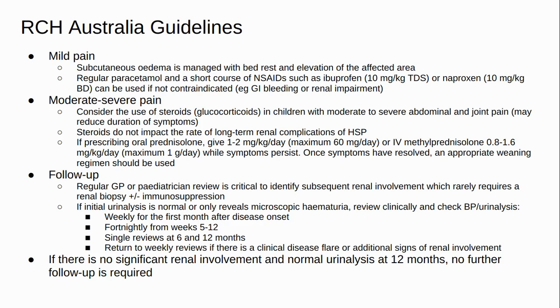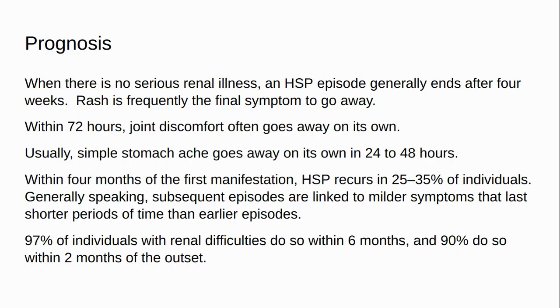Diving into the prognosis and recovery aspects of IgA vasculitis, when there is no serious renal illness, an HSP episode generally ends after 4 weeks. The rash is frequently the final symptom to go away. Within 72 hours, joint discomfort often goes away on its own. Usually, a simple stomach ache goes away on its own in 24 to 48 hours.